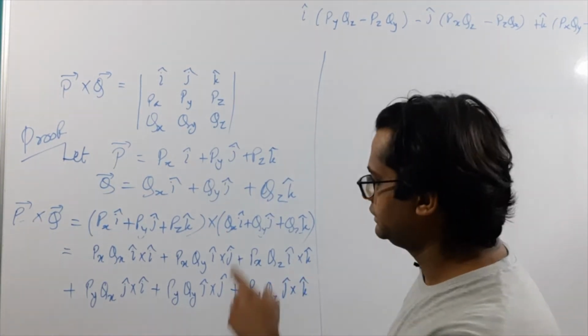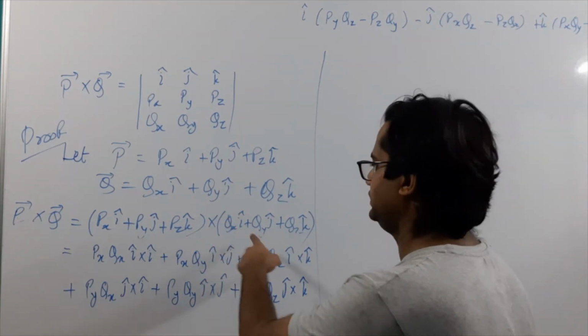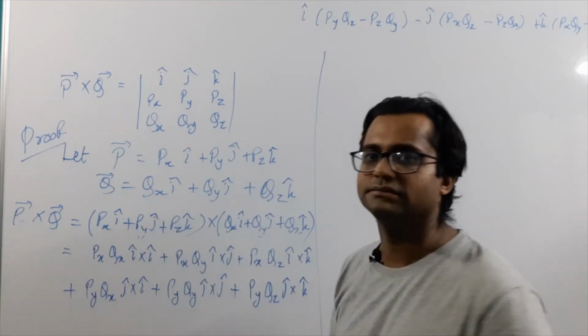So we have multiplied the second term of the first vector by each term of the second vector.